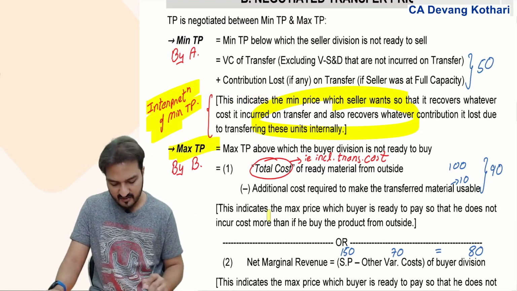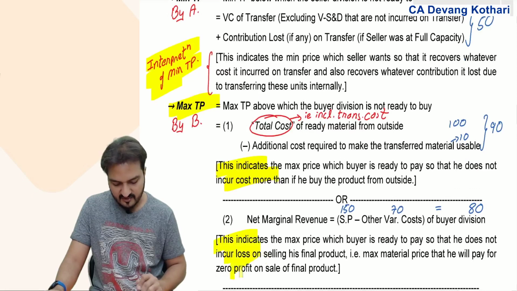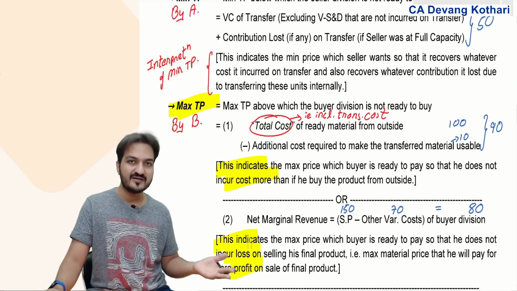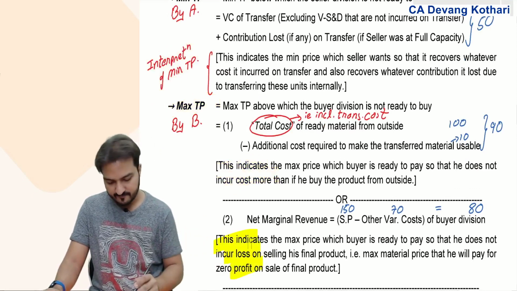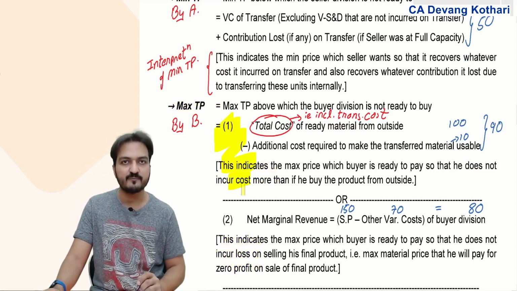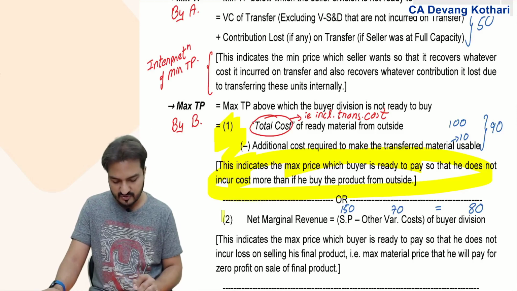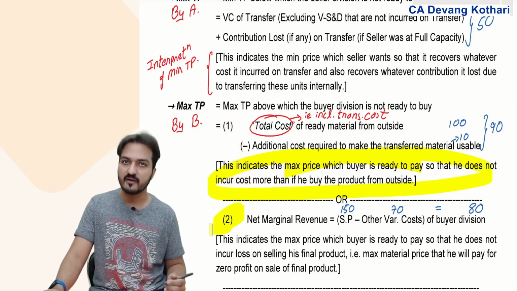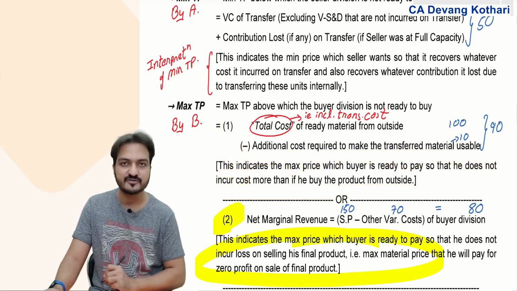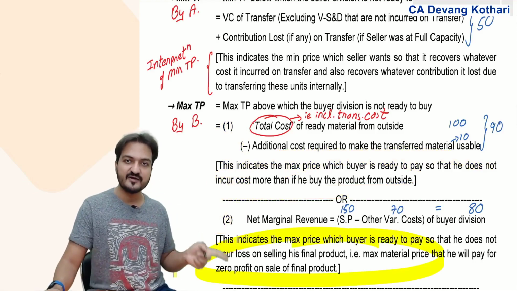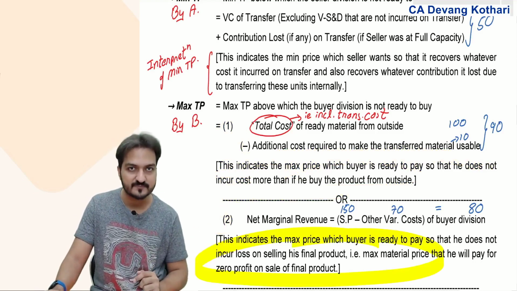Similarly, maximum TP indicates what? I've written them here. So if your final decision was to take formula 1 as maximum TP, then you write that it indicates this. If your final decision was to take the second approach as maximum TP, then you write this as interpretation. But you have to write this indication, interpretation in your answer. Yes?